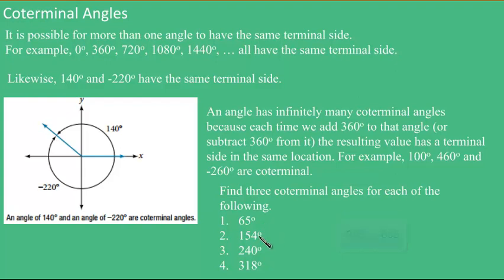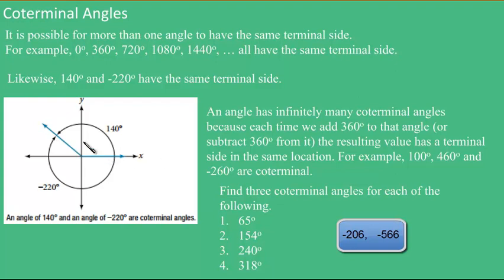And we can do that for all of these. 154, it's going to be 154 plus 360, 514, plus 360 again, 874. Or I could go the other way, 154 minus 360, minus 206, minus 360, minus 566.